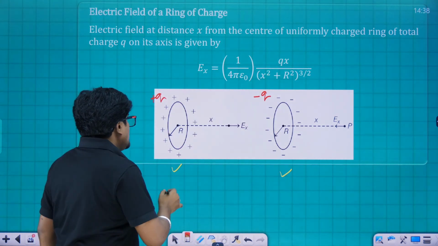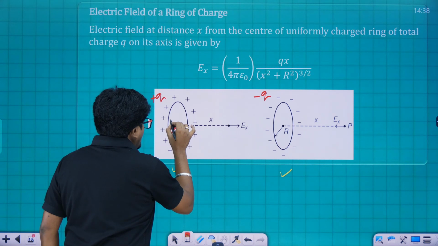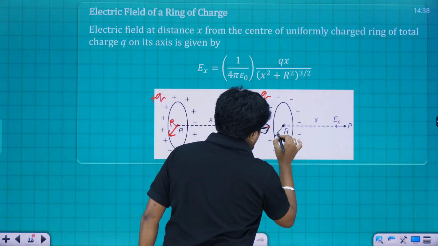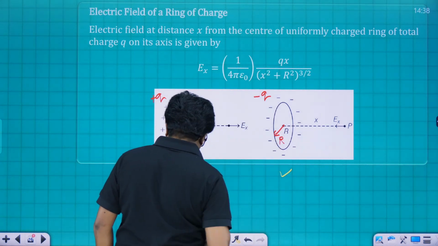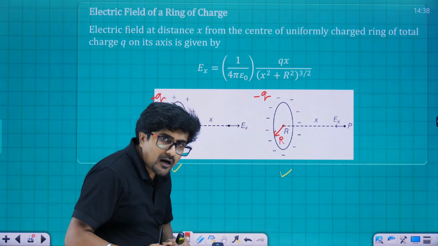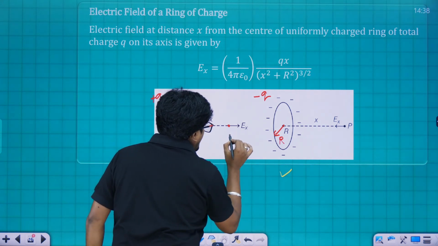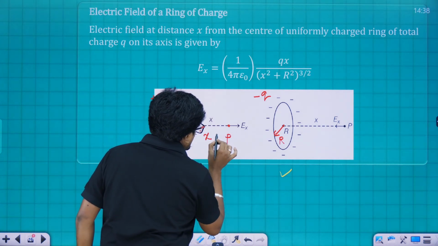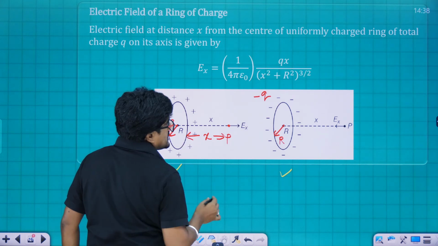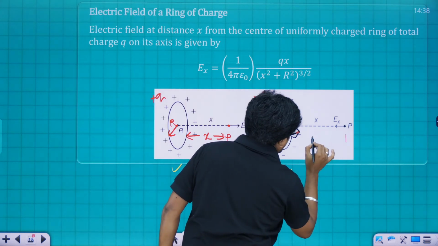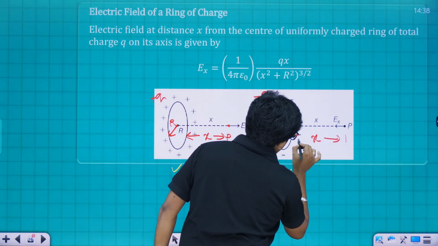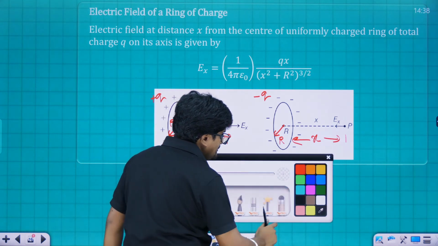Information number 2 is the radius of the ring is capital R, so here also again it is capital R, and we are asked to find electric field at point P, which is at a distance of small letter x. Here also we are having point P, again that is at a distance of small letter x.